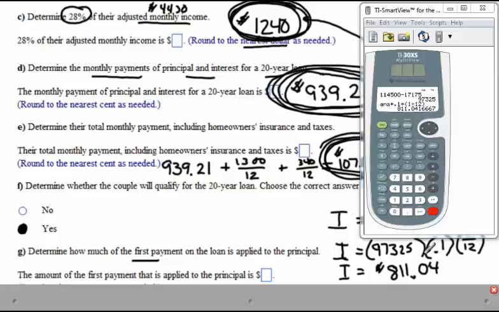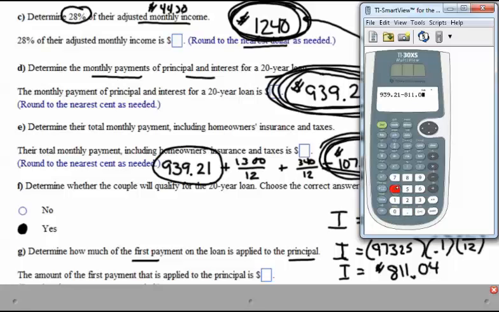So remember, their payment was $939.21 if you just look at their principal and interest payment. And of that $939.21, $811.04 was just for interest. That's amazing. So the question here says, how much will be applied to the principal? So the principal is going to be reduced by a little bit. So we take $939.21, which was their principal and interest payment, and we subtract the interest, $811.04.